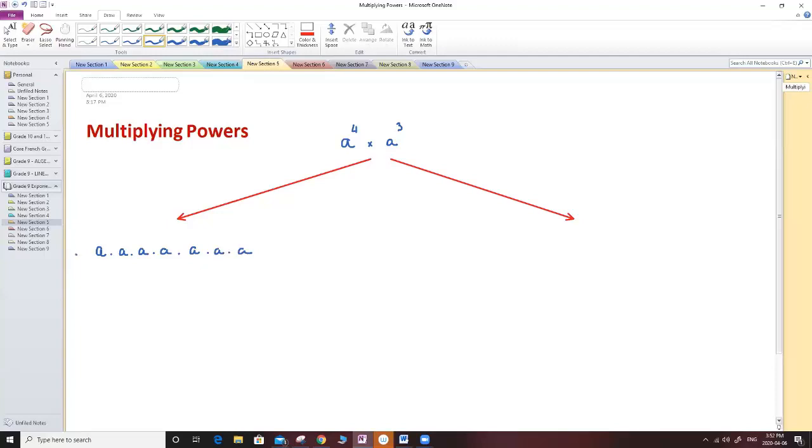And at the end, I'm going to say that this equals 1, 2, 3, 4, 5, 6, 7. That means a exponent 7. This is the way that we are using for grade 8.